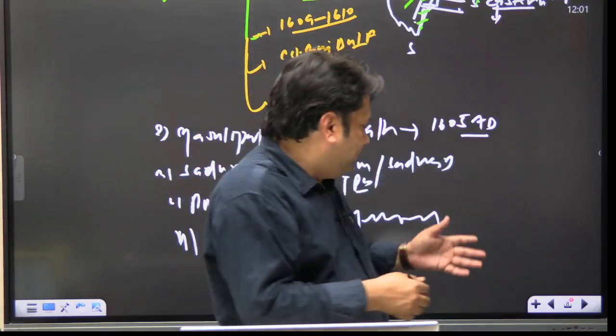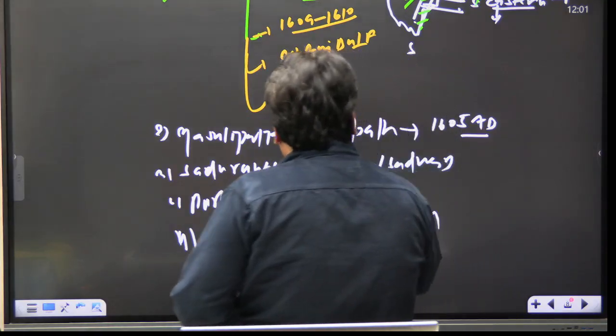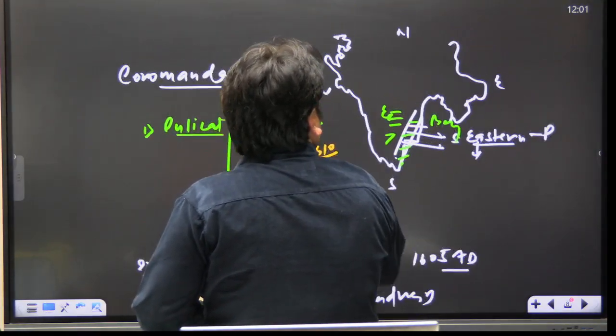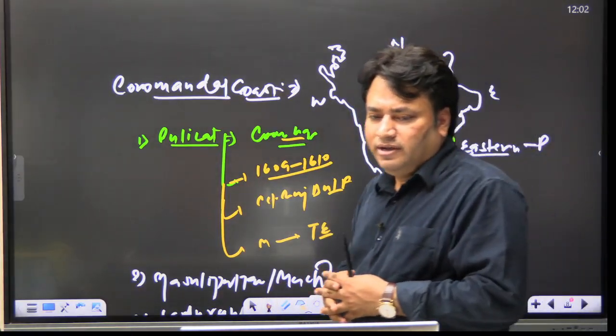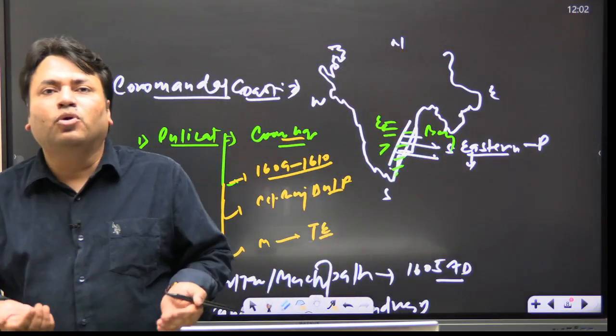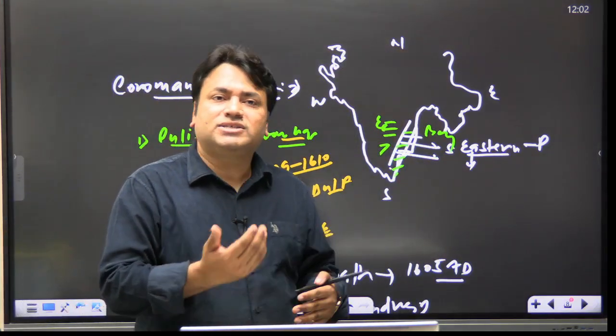So let's first generalize the information: whenever we are talking about this Coromandel coast area, this is the most important textile export hub for the Dutch East India Company.